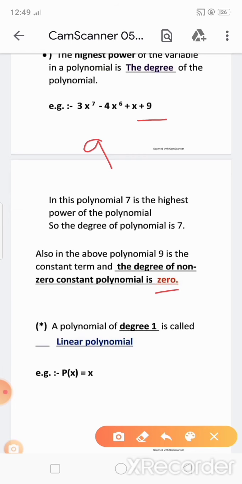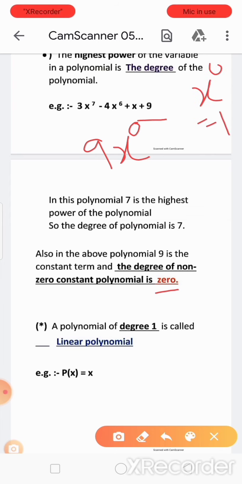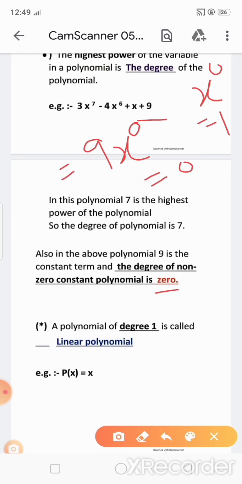So we write the constant 9 as 9 into x raised to 0, and we studied that any variable with power 0 has the value 1. So the polynomial is 9x0. It means the degree of 9 is 0.